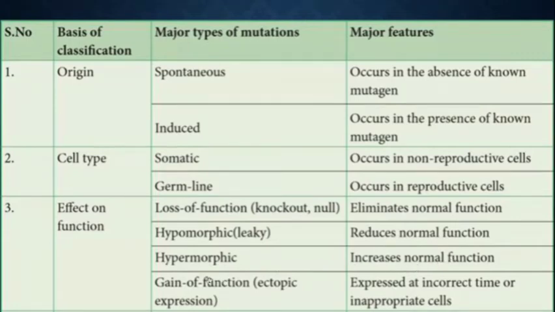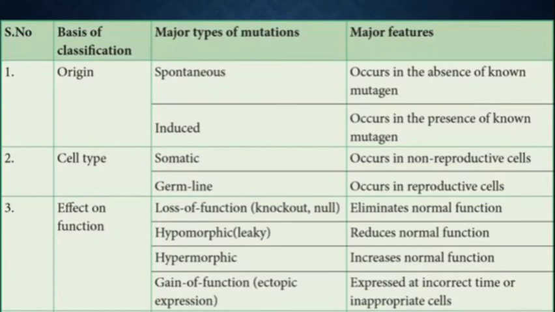The next one, gain of function. Gain of function means it gets a function. That's ectopic expression: expressed at an incorrect time or in inappropriate cells. The function is not happening on time.